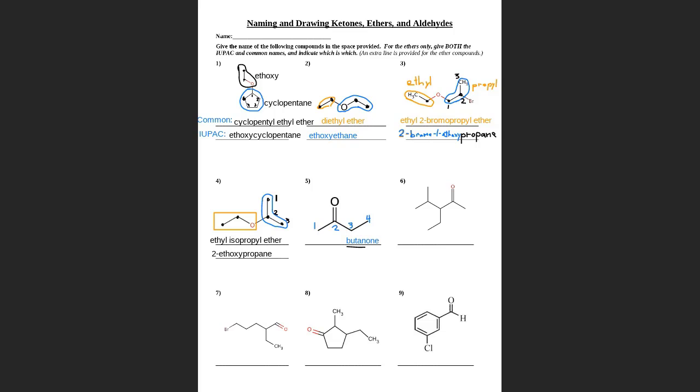And I'm going to go ahead and mark those here. The longest carbon chain must include the functional group, so we know it probably starts over by that double bond O. So this will be carbon 1, this will be 2, and this will be 3.